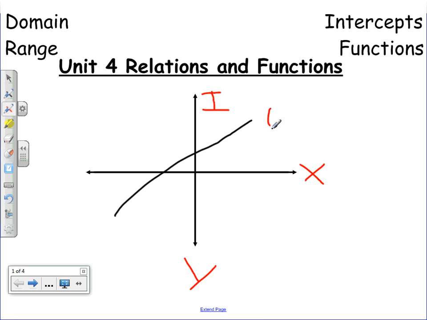This can help you remember if you're putting in the quadrants properly. This one would be negative, positive, and this one would be negative, negative, and this one would be positive, negative. It's simple, right? You have a question?